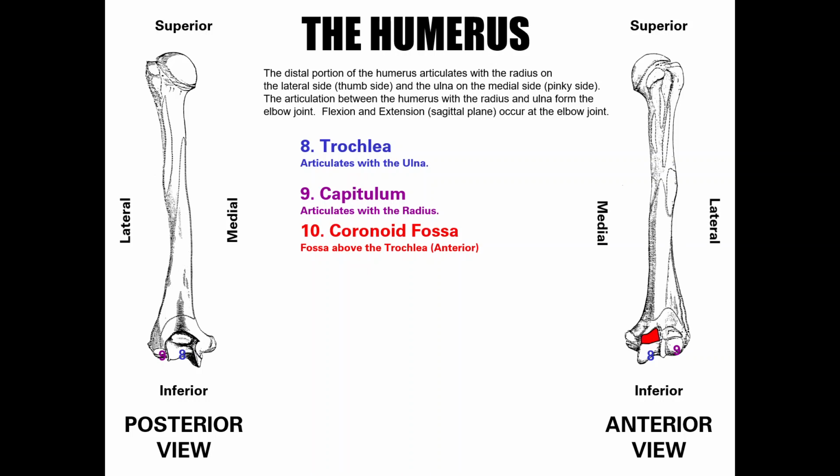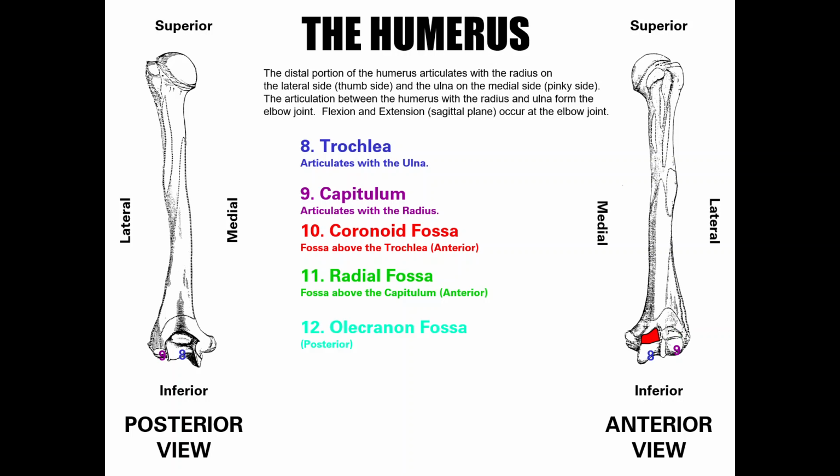Number 10 is the coronoid fossa. So it's a fossa above the trochlea on the anterior side, as opposed to the conoid tubercle, which we saw on the clavicle. So this is the coronoid. We have the radial fossa, which is above the capitulum on the anterior side.